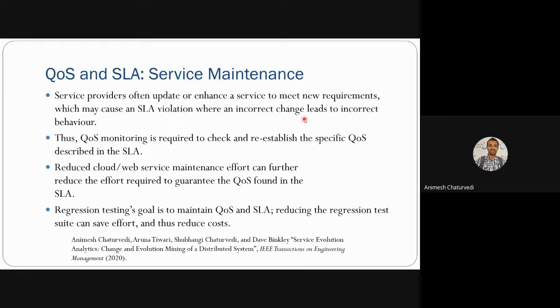Because of incorrect changes, and incorrect behavior will create a violation in the SLA. Thus, because of all these reasons, you need to keep monitoring the service, and QoS monitoring is required. You need to keep checking and re-establishing some specific QoS in the SLA. Thereafter, you have to modify some SLA as well if these QoS requirements are not being met.